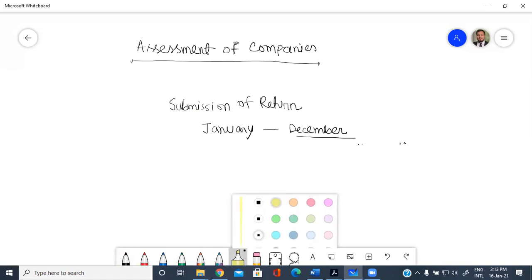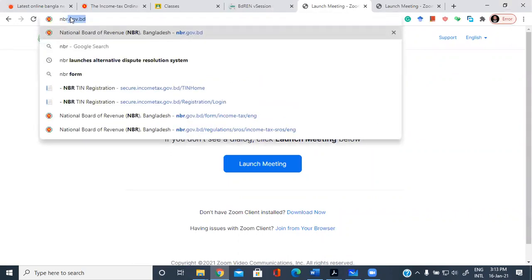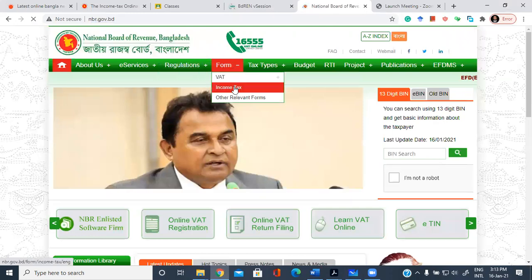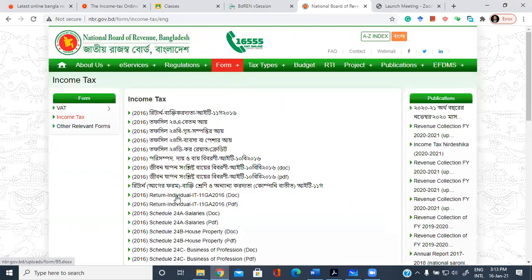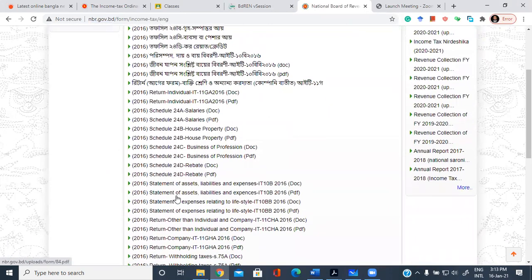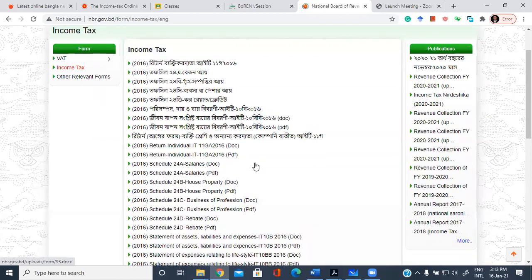We have some specific forms for individual SSC. Now, you will ask me whether there are any specific forms applicable for companies. The answer is yes, there are specific forms for companies to submit their income tax return.